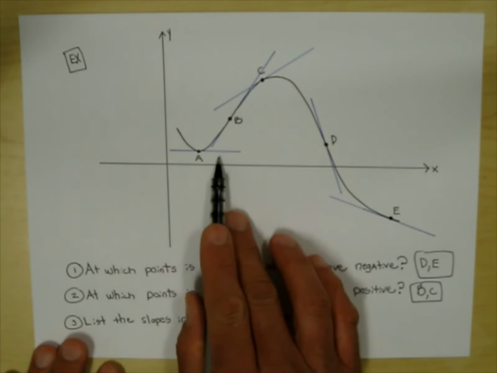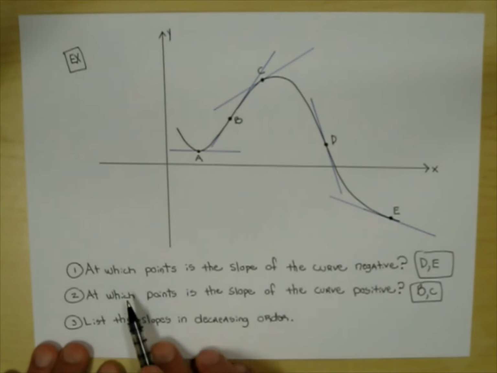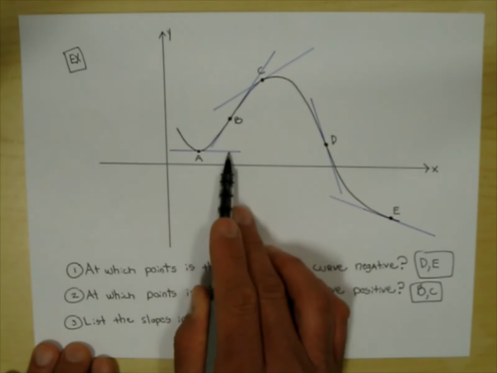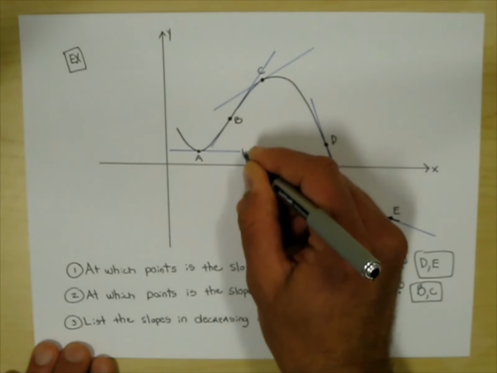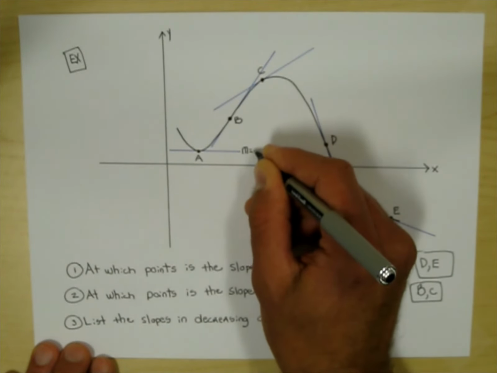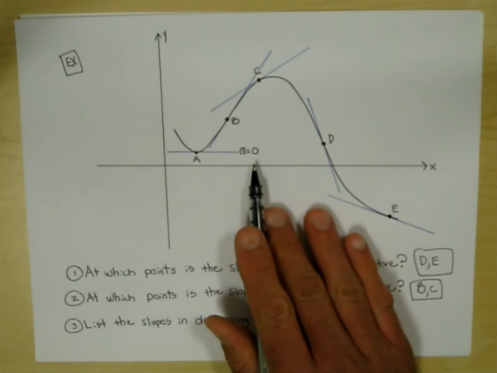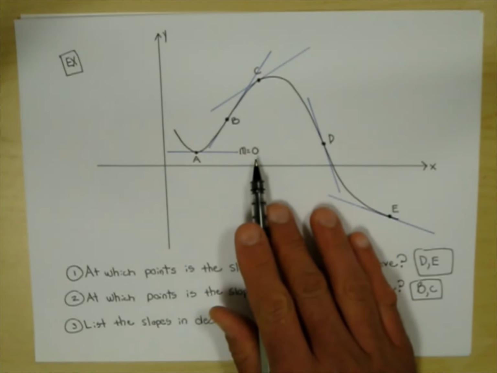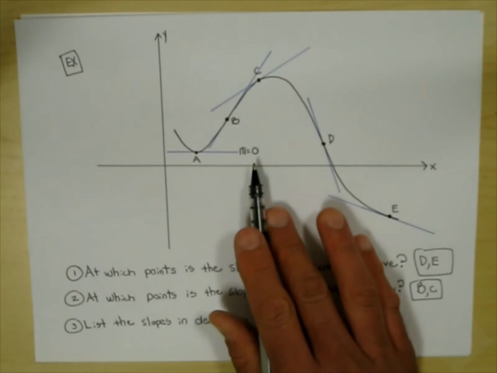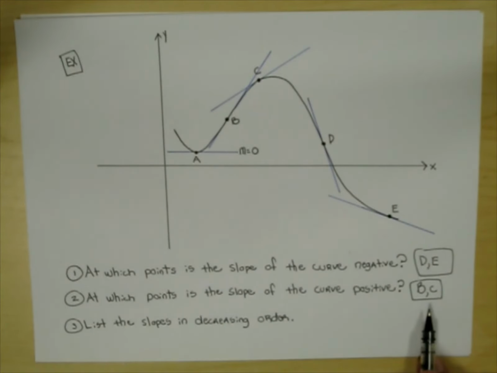Well, that's not going up, that's not going down. So we couldn't put it for any of those answers. It's not negative, it's not positive. The slope on that one, I'll use the M, the slope on that one is 0. And remember, even though 0 doesn't have a negative sign, sometimes people think 0 is a positive number. It's not. It's not negative, it's not positive, it's right in between.